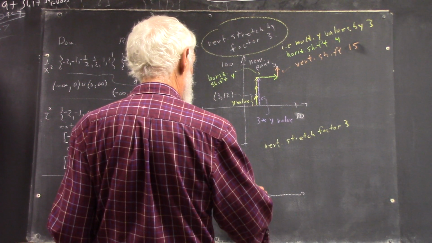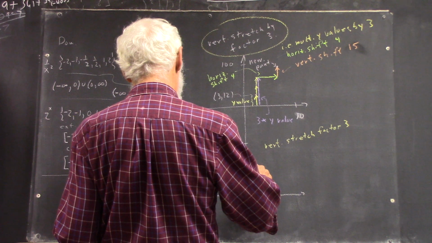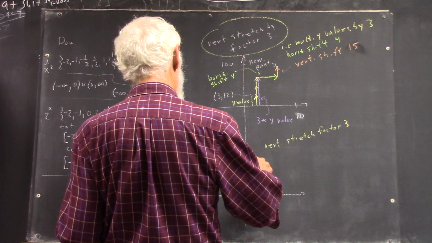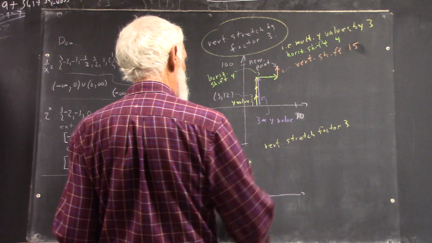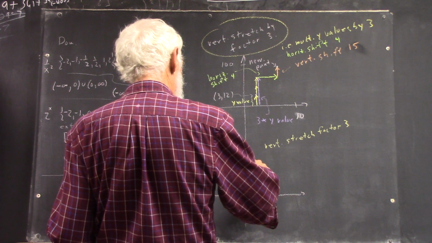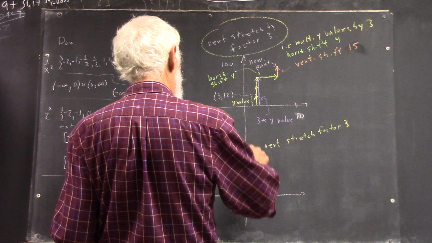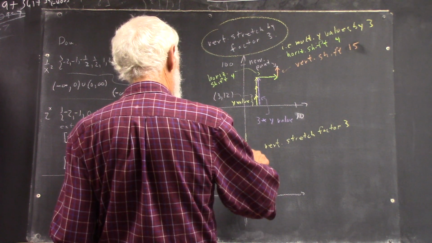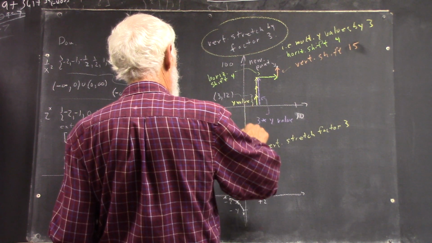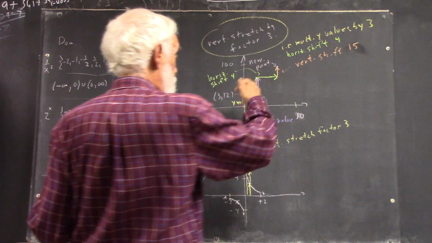So this point, I gotta do 3 of these. It gets me to here. This point has a much longer vector. So it's going to be way up here.